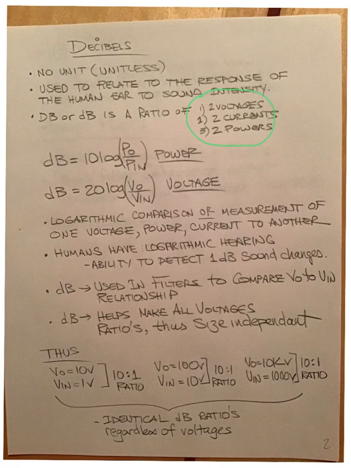It goes back to how the human ear responds to sound intensity. So it's a ratio of two voltages. It's potentially a ratio of two currents, although we won't be talking about that. And it's a ratio of two powers. We also won't be talking as much about that either.